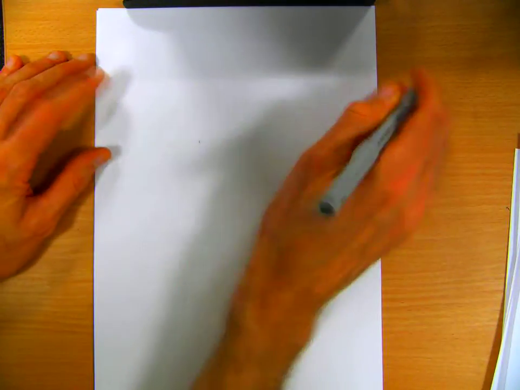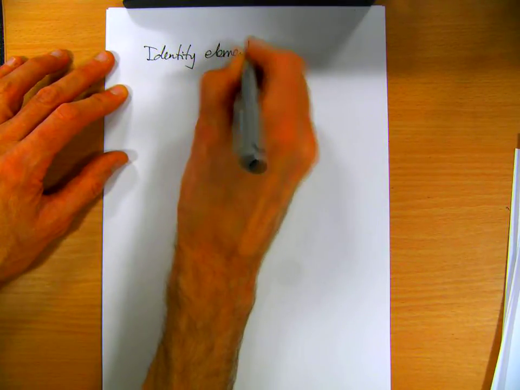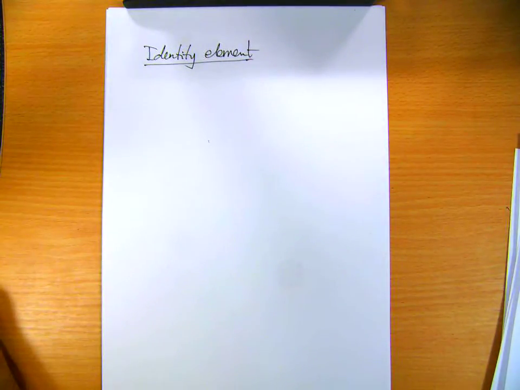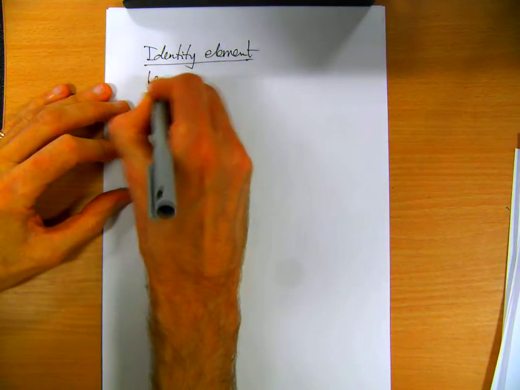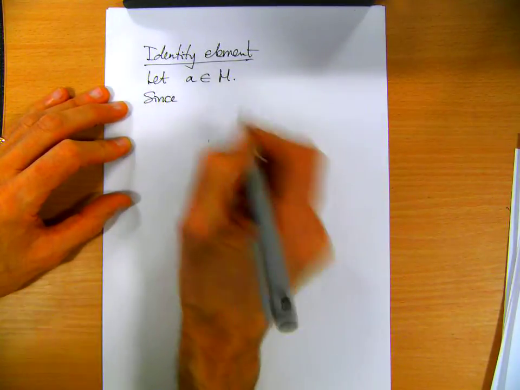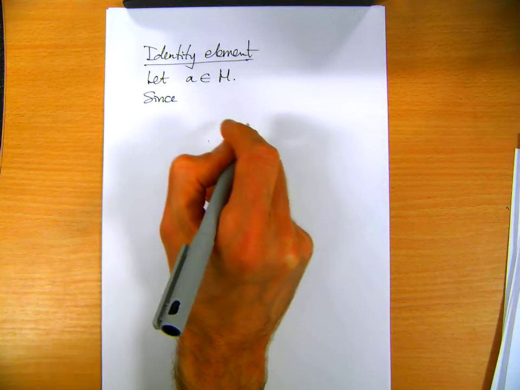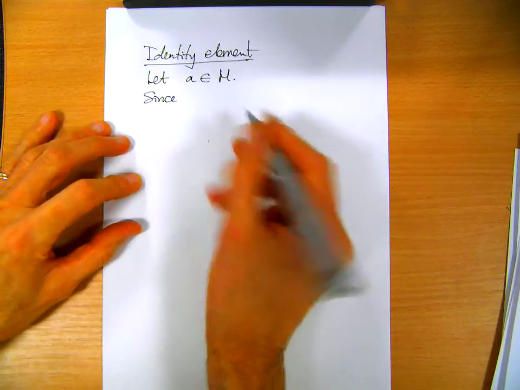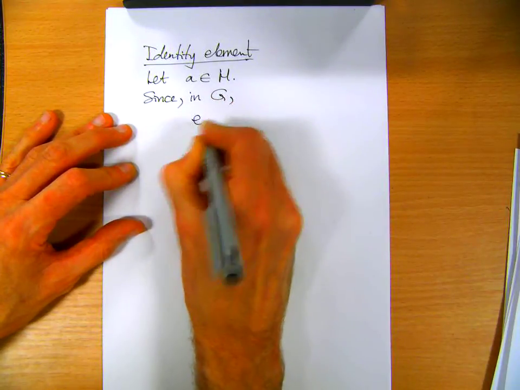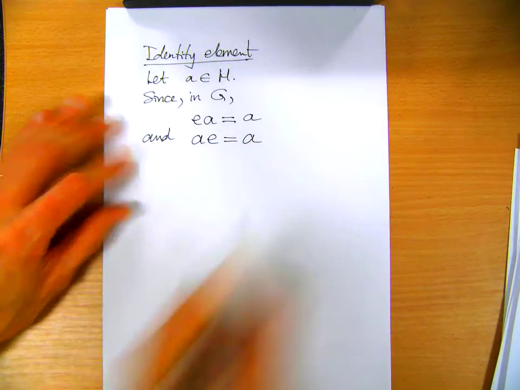What about identity element? That was curly G2. So what I want to do, remember, is prove that big H has an identity element. Well, let A be an element of H. We know what the identity element's got to be. It's got to be the identity element of big G. It can't be anything else. We've just got to check that that works. So since in big G we have these two things holding.